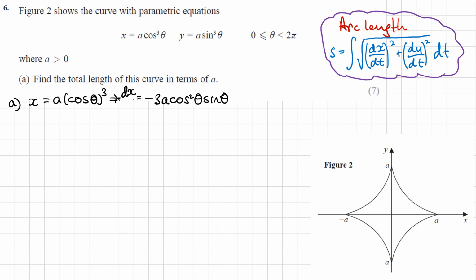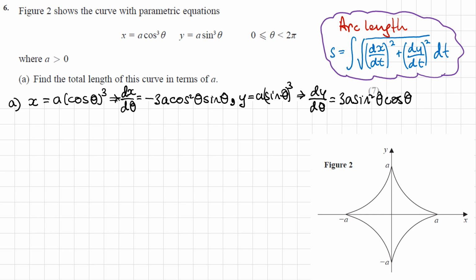So dx d theta, I'm now going to find dy d theta, so y is equal to a sine theta, I'll write it like this, cubed. So then dy d theta is going to be equal to 3a sine squared theta times by the inside differentiate, just cos theta, so there's no minus there.